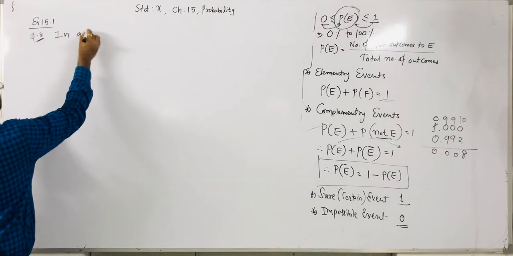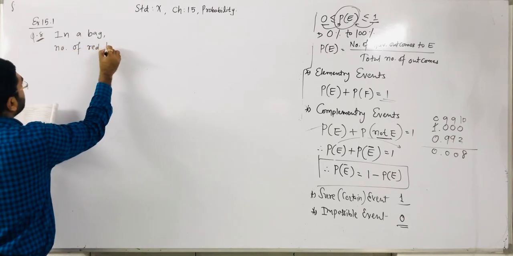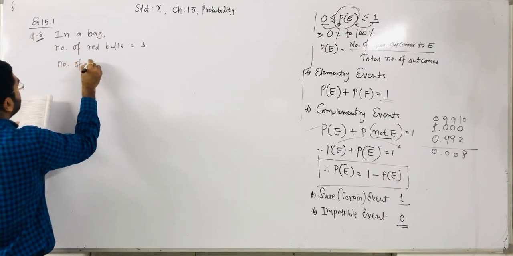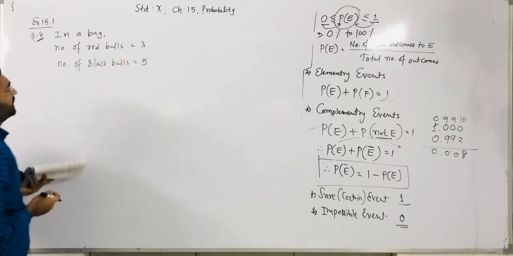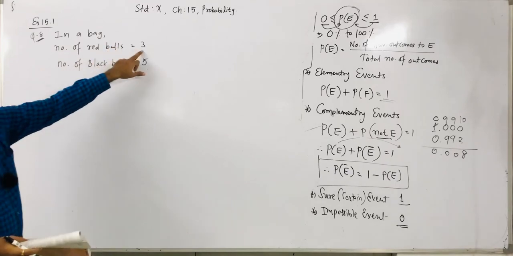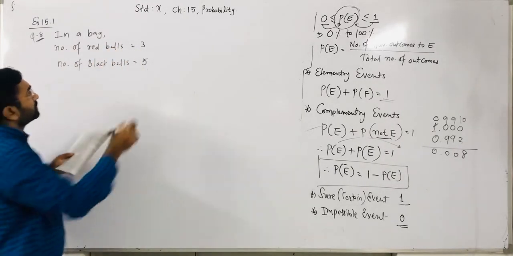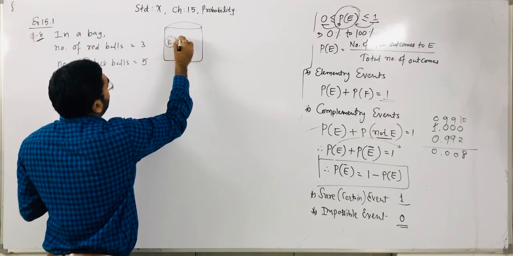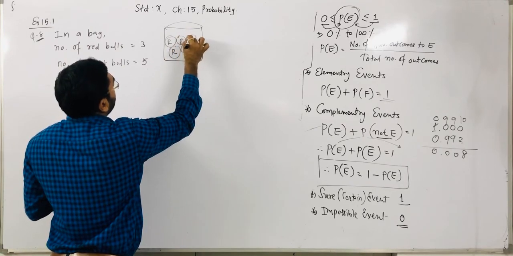So in the bag the number of red balls is given as 3, and the number of black balls is given as 5, right? That is given in the first statement. I represent this as one bag in which 3 red balls are there, and 5 black balls are there.